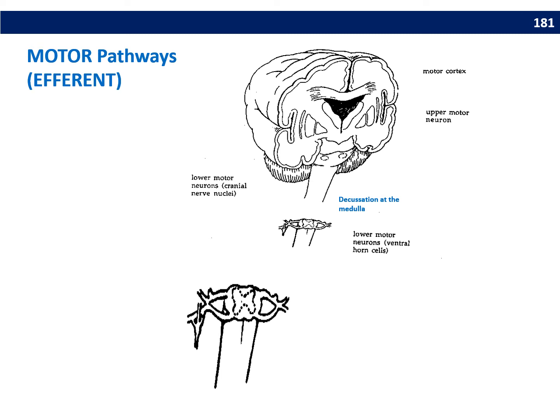So before we go any further, I want to remind you, or tell you for the first time, that motor pathways, or efferent pathways, are two neuron systems.